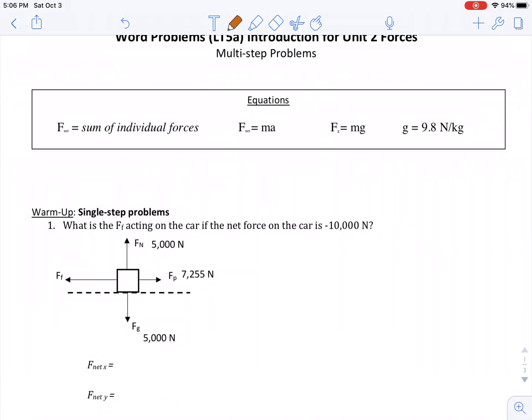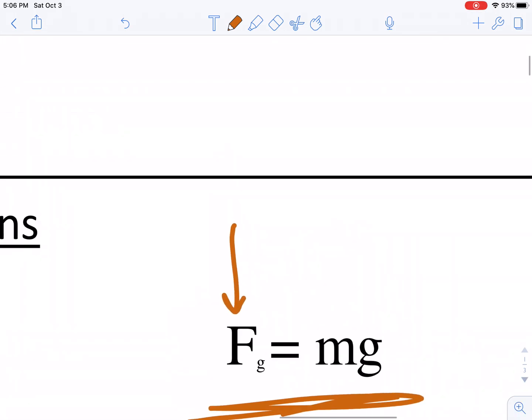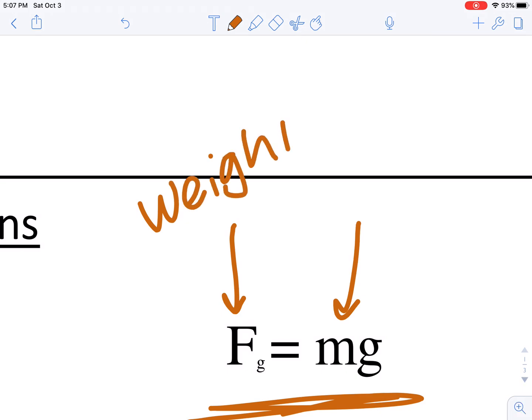F net equals ma. We got that last week from our Newton's second law lab, our forces in motion part 2 lab. Fg equals mg. Just as a reminder, Fg is another word for what? Force of gravity means the same thing as, I hope you're thinking, weight.